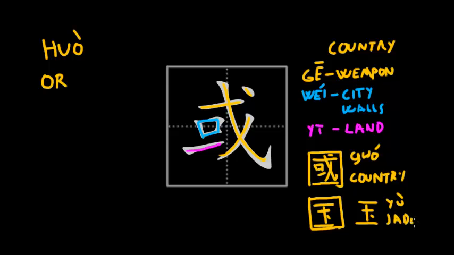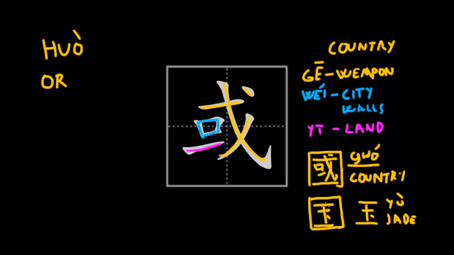Phonetically, it has nothing to do with the pronunciation of the character as a whole, which is ɣʷɔ, as I told you. Semantically, I think it does, because somewhere I remember reading that jades are the riches or the wealth of the country, which is protected by the city walls.